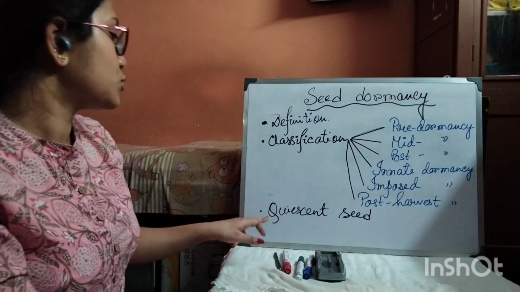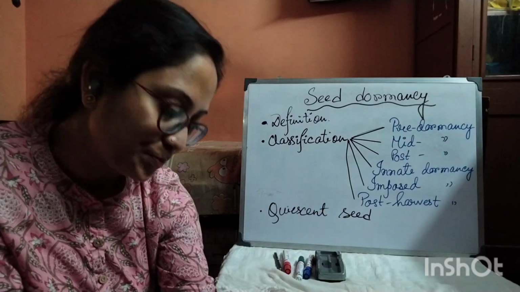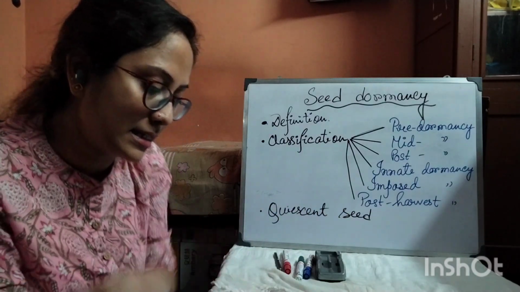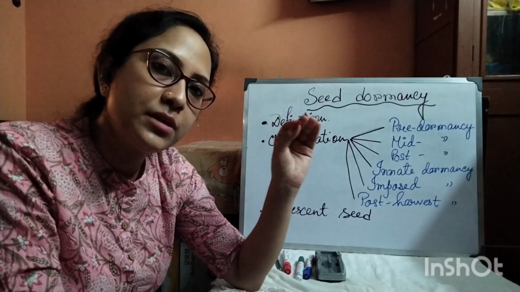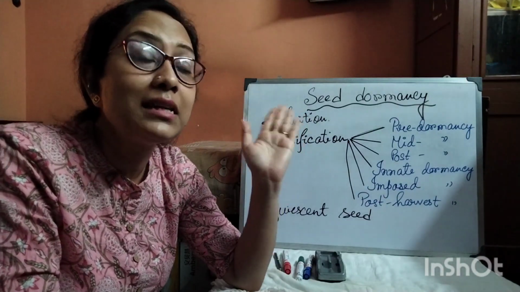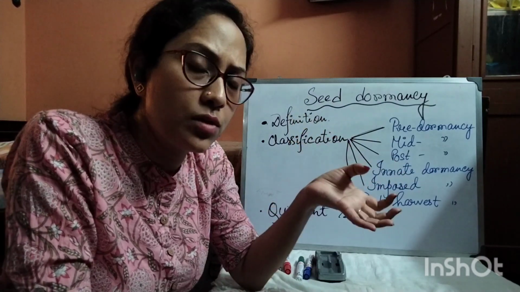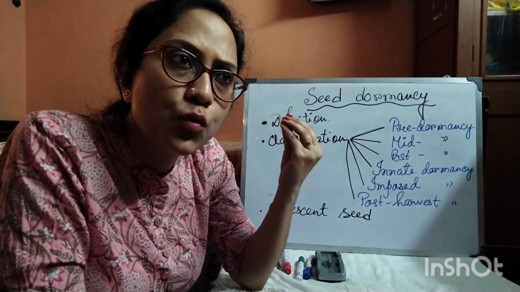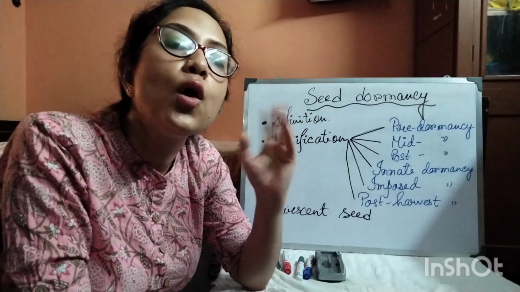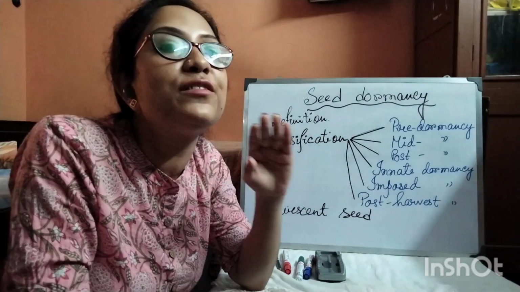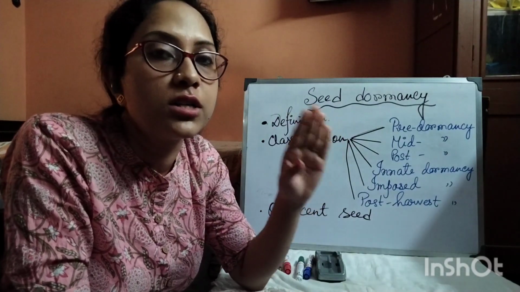Okay, next come to the point, which is quiescent seed. What do you mean by quiescent seed? Before germination, the seed mainly remains in a very dry situation, and in that dry situation it won't get any oxygen or water from the environment, and that is why all the metabolic activities within the seed remain in a stop position, and that is why it will not germinate.